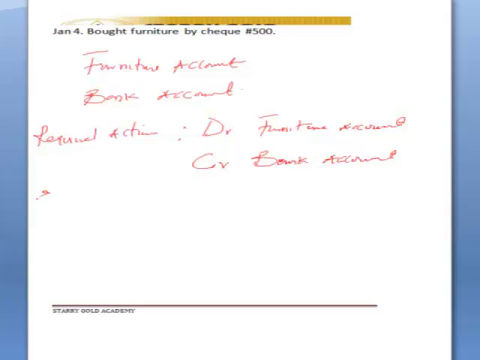Then what will be the effect on the financial statement?